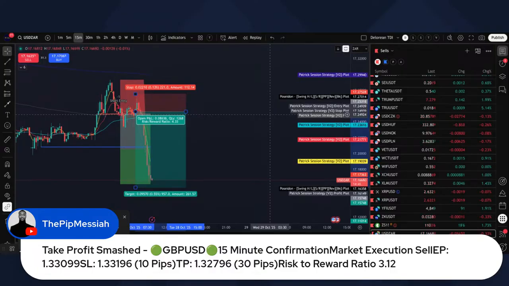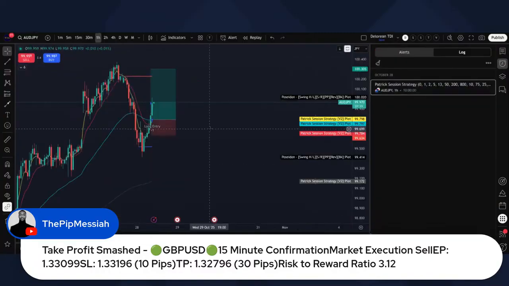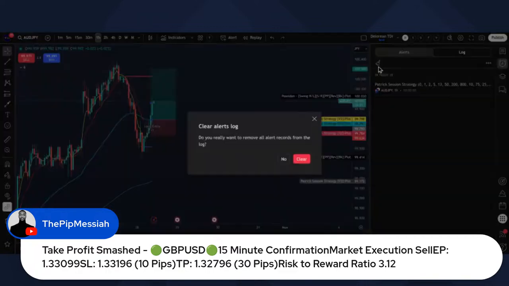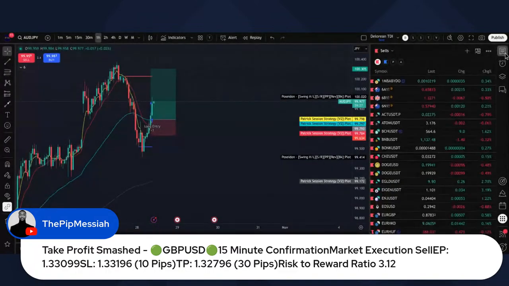All right, 10 o'clock. There goes the ticks again. We've got Australian dollar versus Japanese yen on the 1 hour. We're already in it. So that's going to hit take profit. It doesn't look like we're getting anything else. It would have been immediate. Hold on.